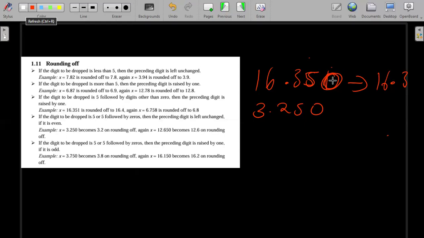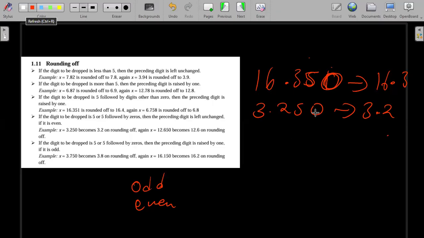If the number next to 5 is any number apart from 0, you follow the rule for whether the number you're adding to is odd or even. In this case, you would drop this one here. You end up having 3.2.